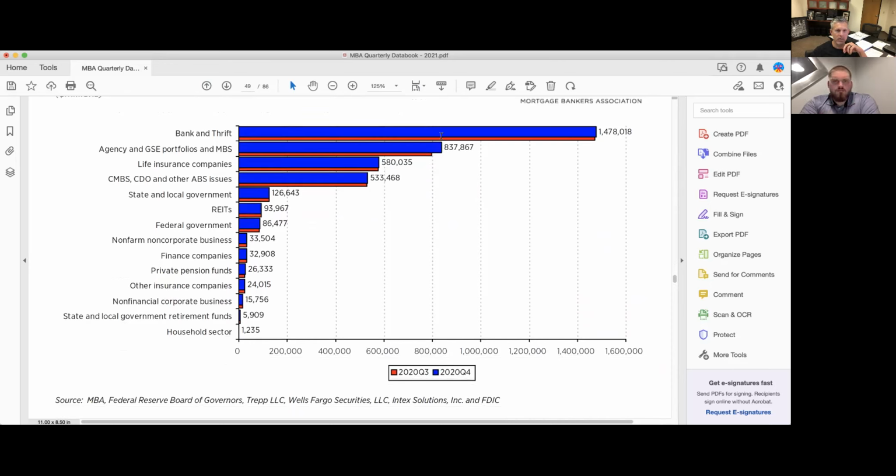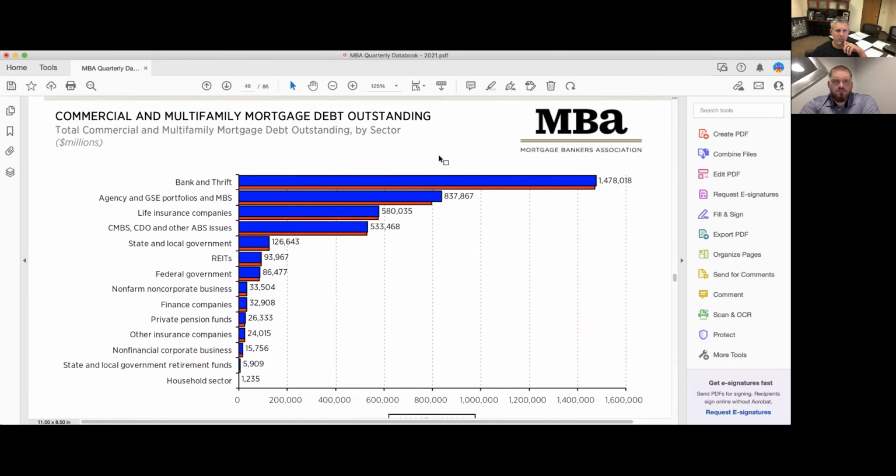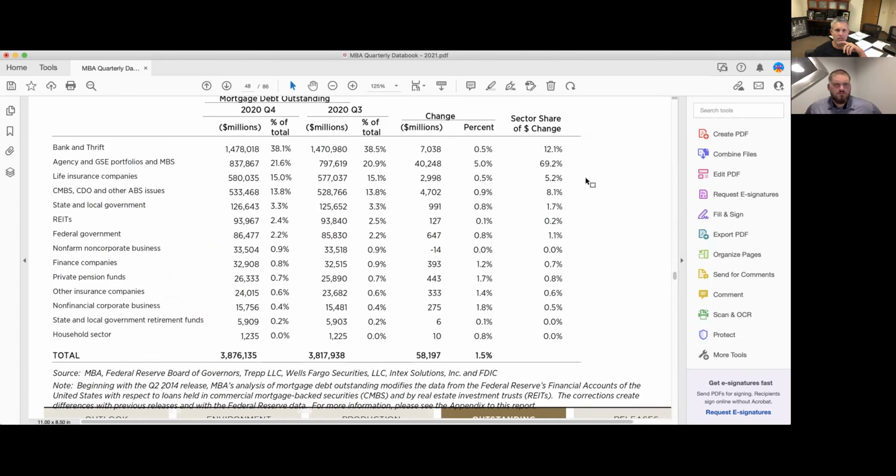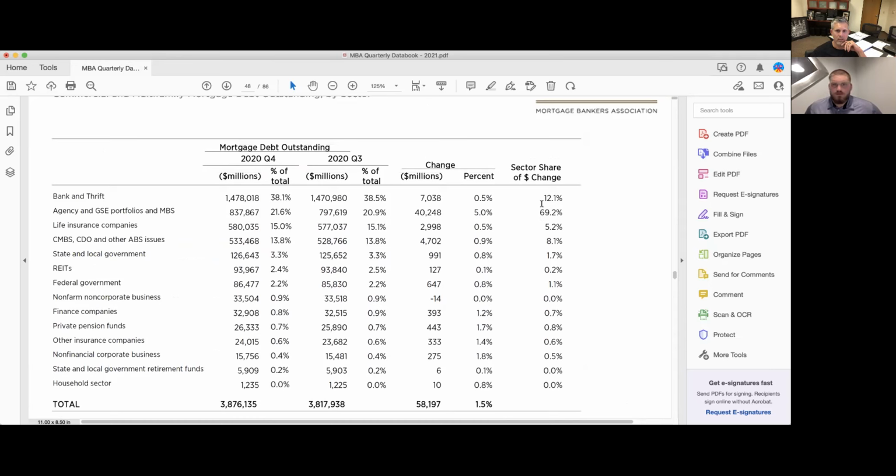Just look at the distinction there, the banks: 1.4, I guess that'd be trillion. $1.4 trillion outstanding, so a lot of debt. Now, what's interesting is that these two are pretty much government agencies. So kind of crazy.